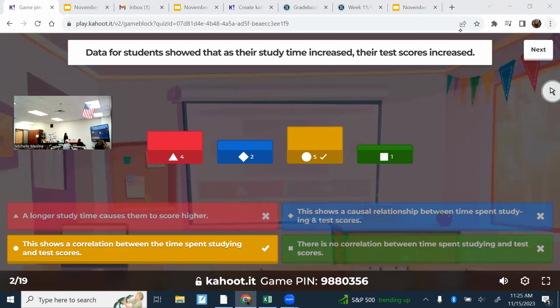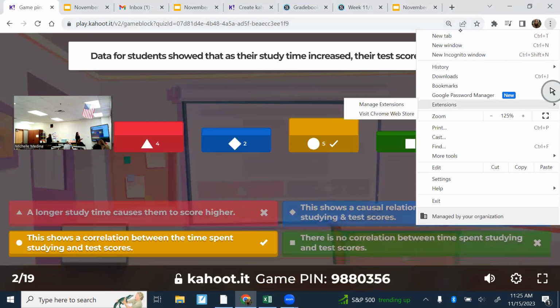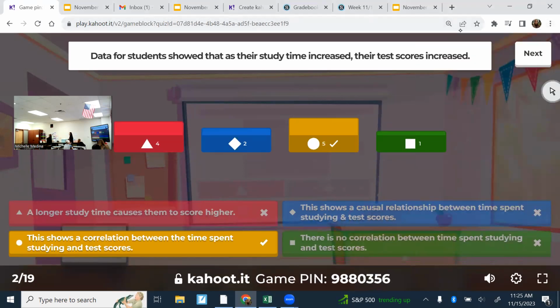Information given to us is that data shows that as student study time increased, so did their test scores. So I'm guessing we're picking the best statement that we could get from this answer. So red was not the answer. What's wrong with what red says? A longer study time causes them to score higher.